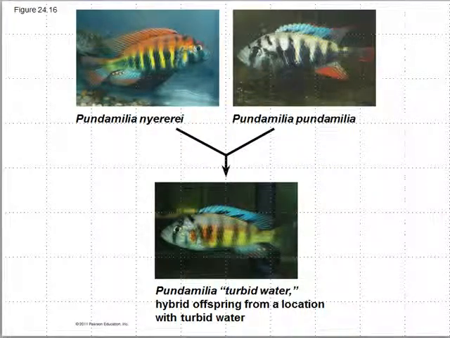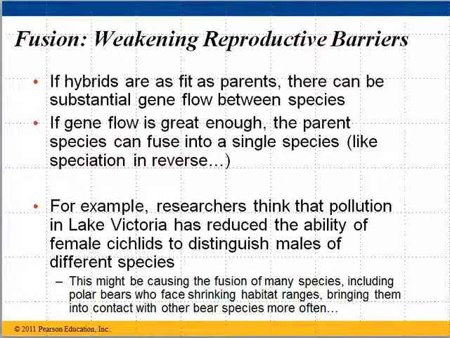This type of overlap could also be causing fusion of many species, including polar bears. Polar bears are facing shrinking habitat ranges because of global warming and mankind's advancement into their areas, and in modern times their habitat is overlapping more and more with grizzly bears from further south, so you have some fusion between these species, and you have grizzly bears coming into contact with polar bears more often.